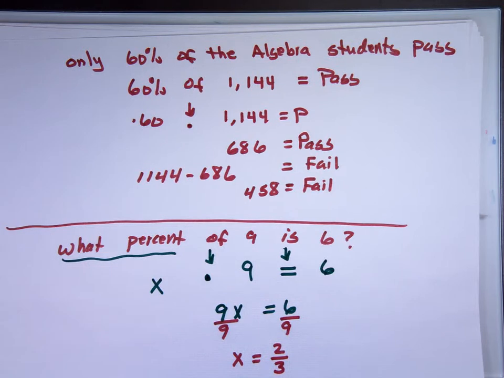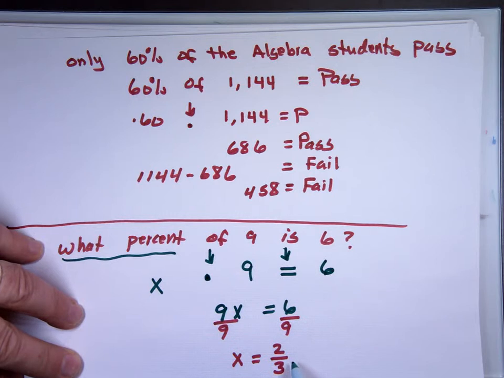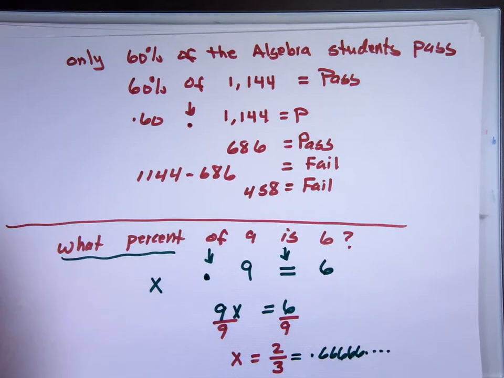But that's only a fraction. To change a fraction to percent, what do we do? Well, that becomes a decimal. So if you divide 2 by 3, it's 0.66666 repeating. Still a decimal value, not a percent yet. To change it to a percent, what do we do?